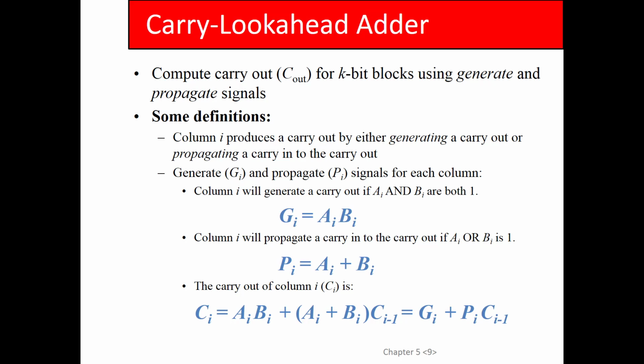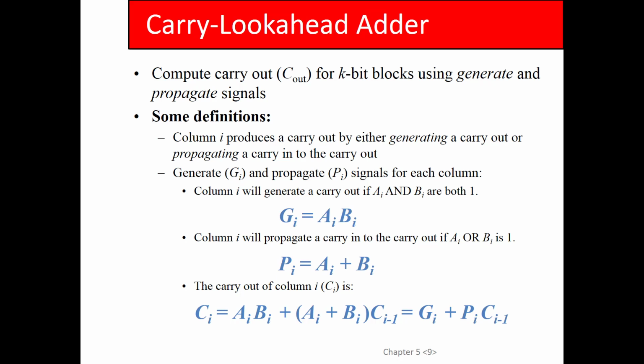Right? Or I could have had a propagate on 2 and a generate on 1. Or I could have had a propagate on 2 and a propagate on 1. Now that's the weird thing here, is that with propagates, you could propagate across multiple columns. And a generate on 0. Or I could have had a propagate on 2, propagate on 1, propagate on 0, and a top level carry in.